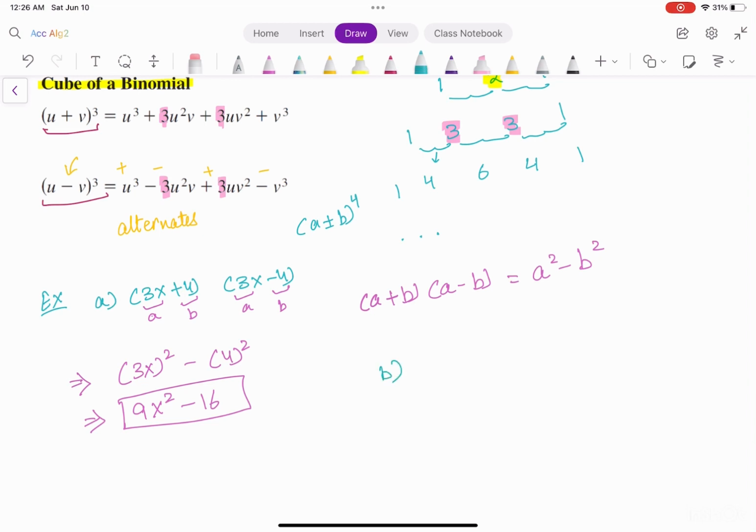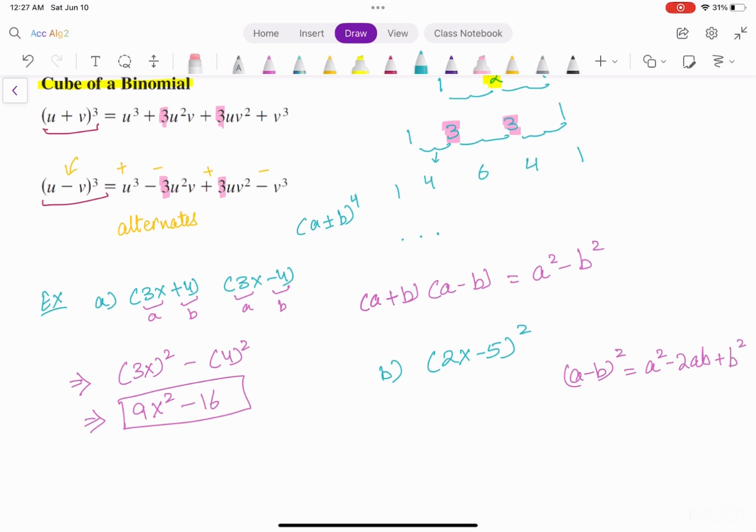Let's take another example. Now we have 2x minus 5 whole squared. Now this is the square of a binomial. So if you remember from Pascal's triangle, the coefficients are 1, 2 and 1. Because it is a negative, the second term will be negative.